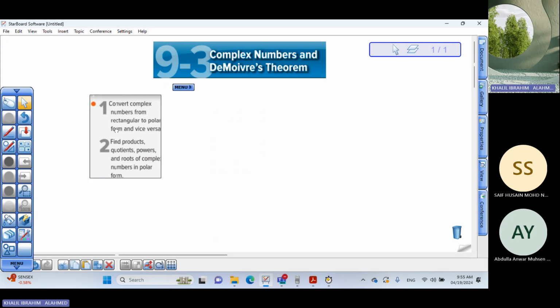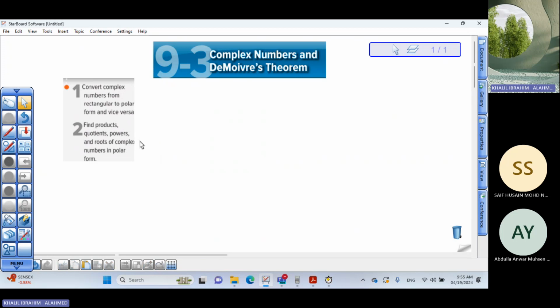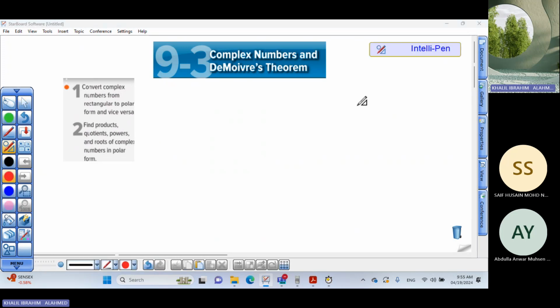Okay, let's start and explain complex numbers. What does a complex number mean?